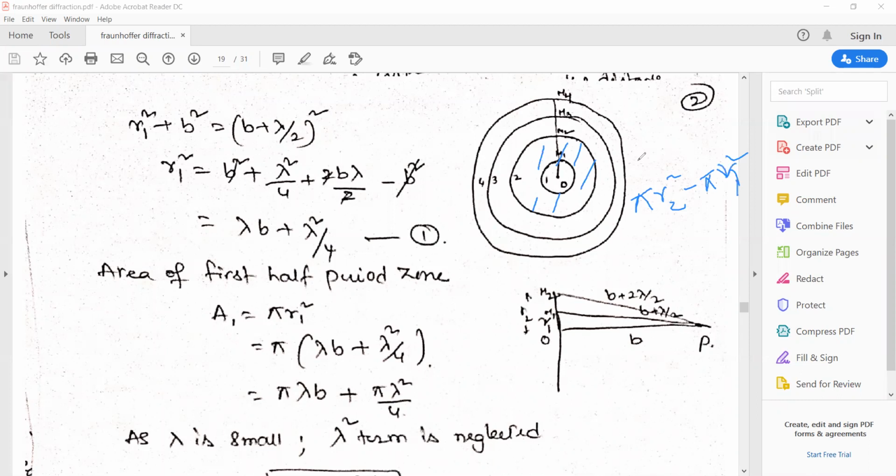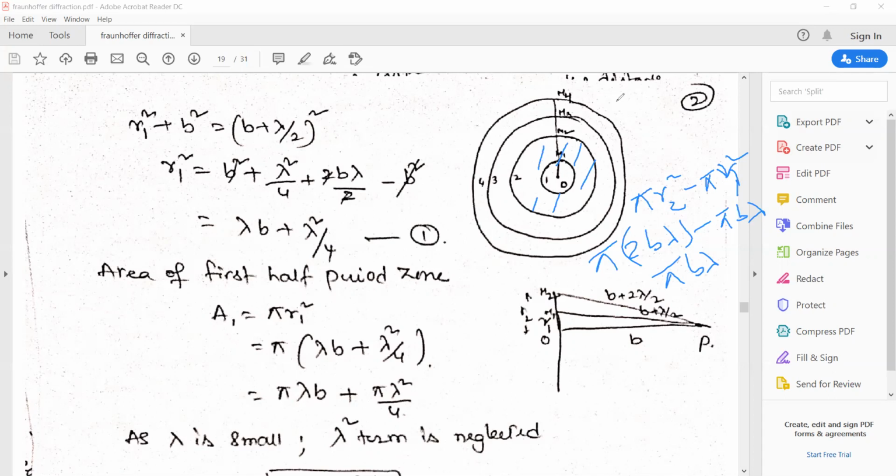R2 square value we just found is 2b lambda, right? And R1 square is just b lambda. So what will you get? 2 pi b lambda minus pi b lambda, you will get pi b lambda. The area of the second half period zone is also pi b lambda.